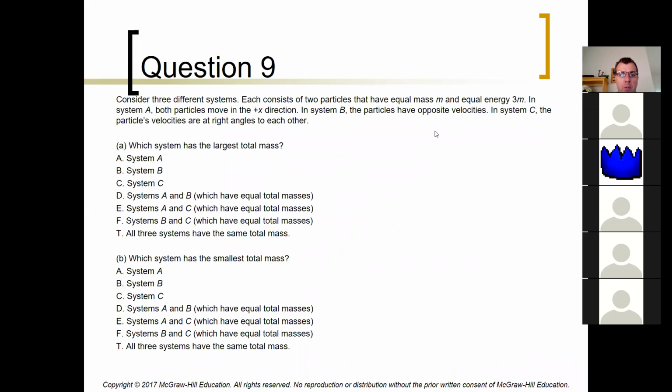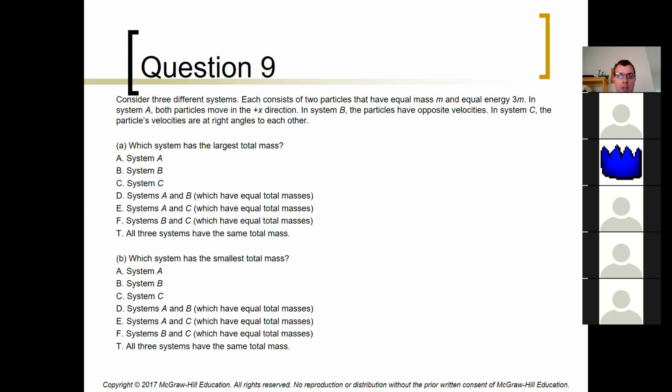In the first one, both of the particles are moving in the plus x direction. In the second one, they have opposite velocities, equal and opposite. And in the third system, the velocities are at right angles with respect to each other. So figure out the ranking, which one has the largest total mass and which one has the smallest total mass.